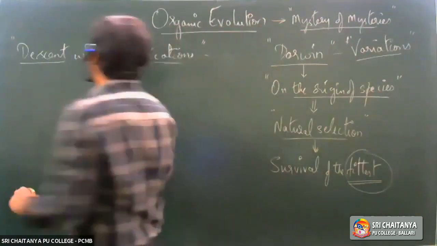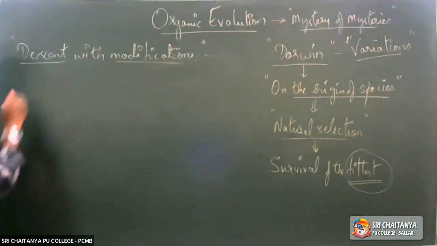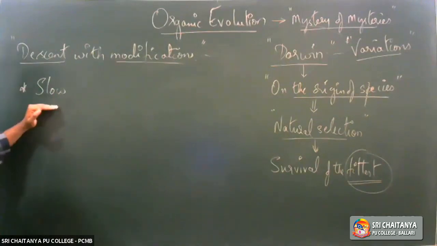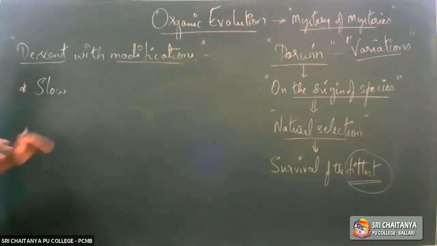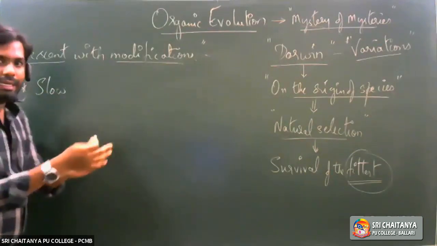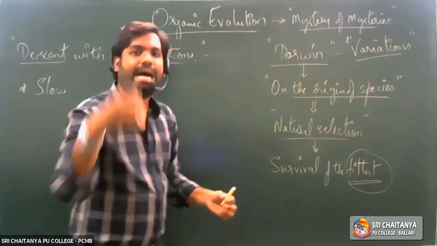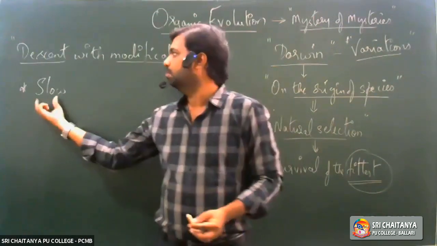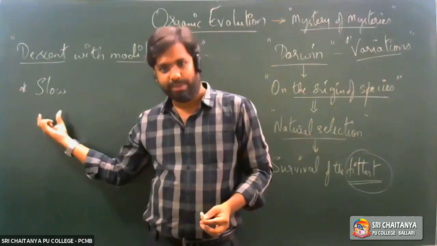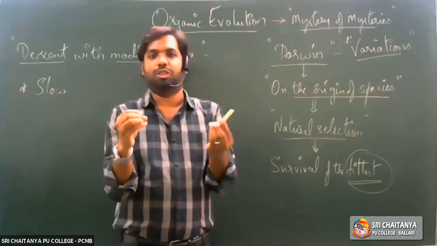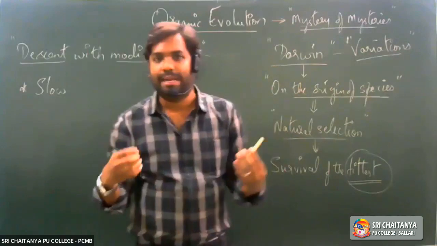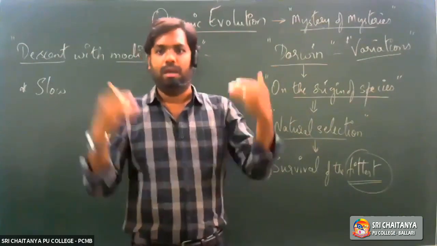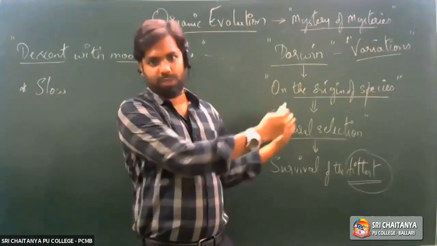Now, as per Darwin, evolution is a very, very slow process. And since it is slow, each generation will start accumulating certain variations, or rather certain characters, leading to the formation of new species.